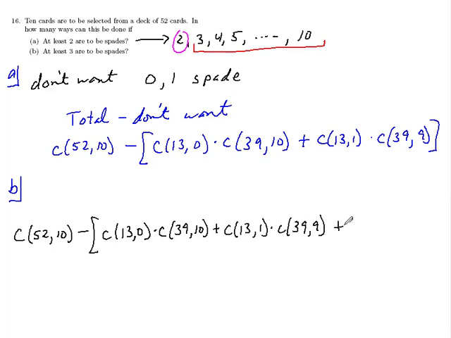There's 1 spade. And there's 2 spades. So notice each one of these is a category. Now if I didn't want the brackets, remember distribute the minus sign across, in other words change all these pluses to a minus, and you'd have the same answer.